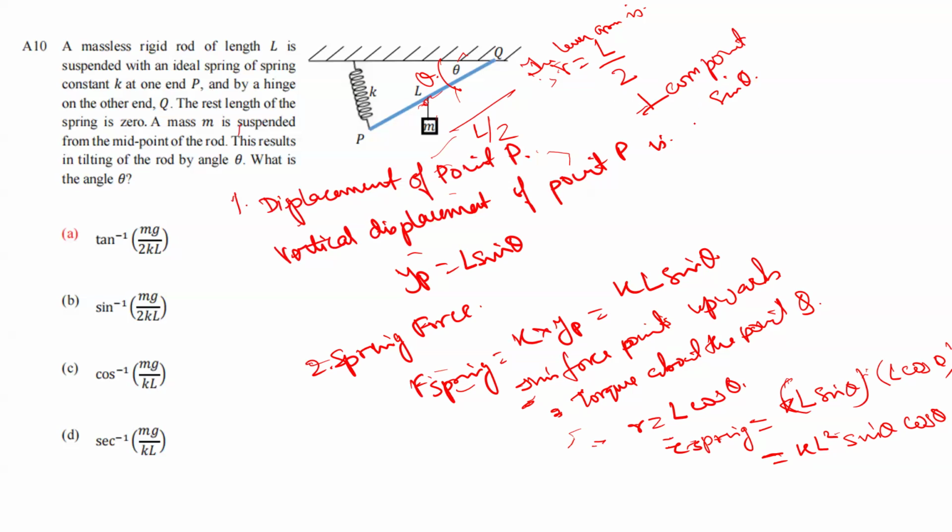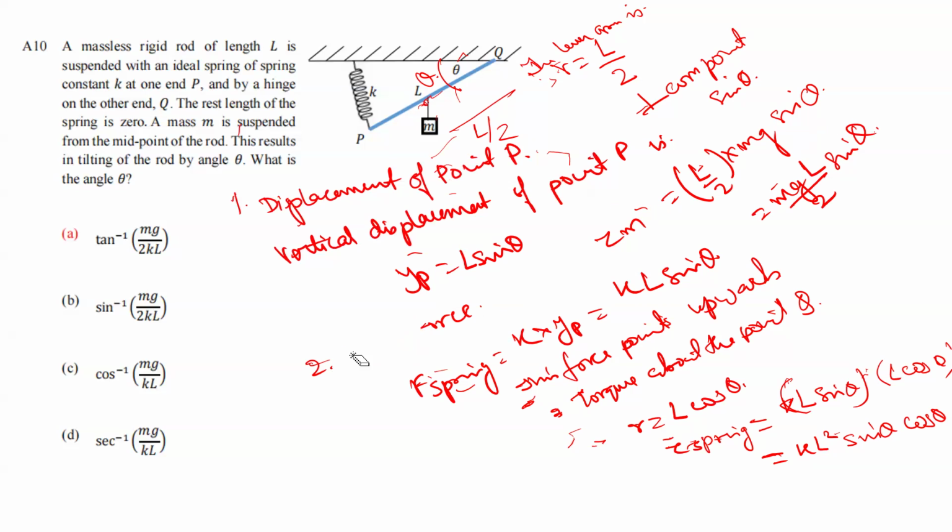So we have tau mass equal to L by 2 times m g sine theta, so we can write m g L by 2 sine theta.